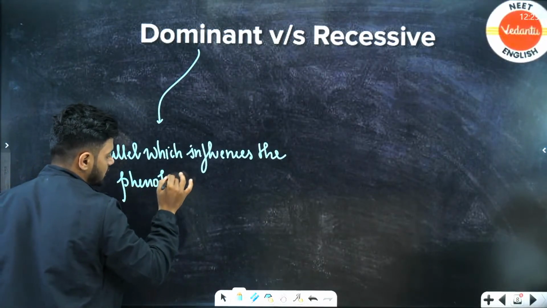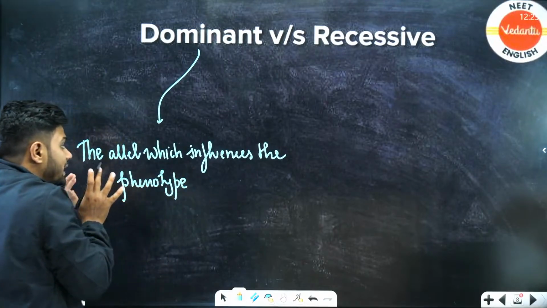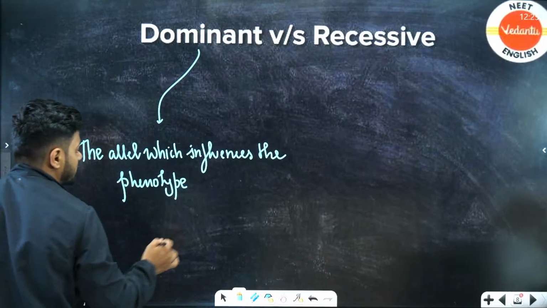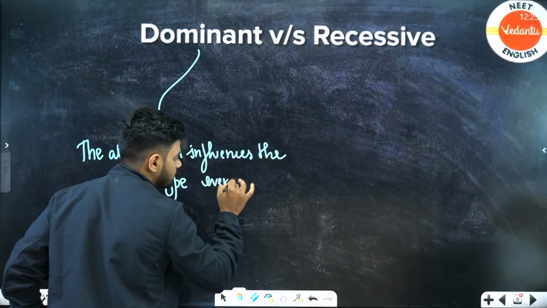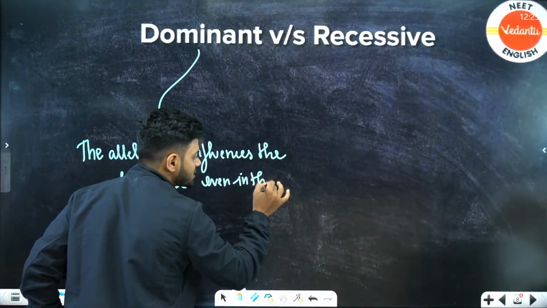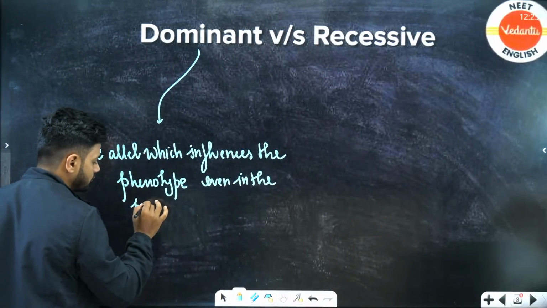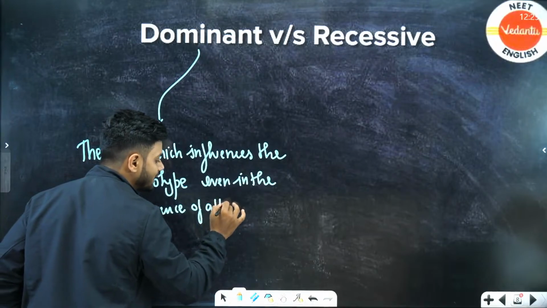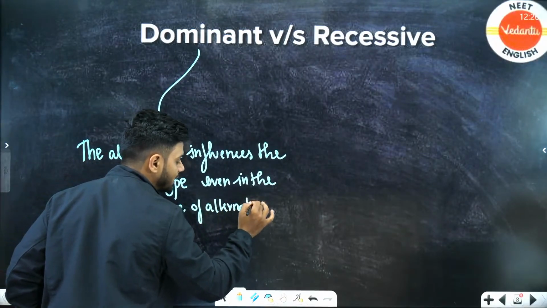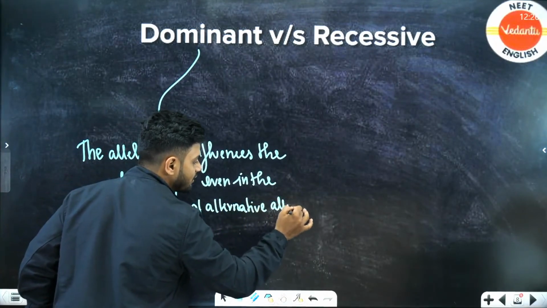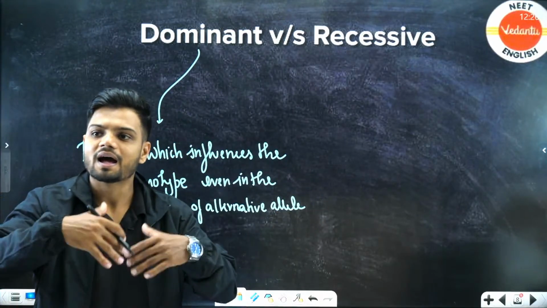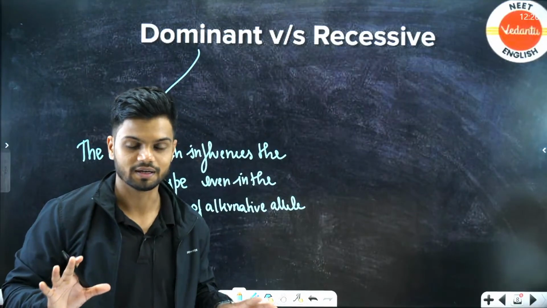Which influences the phenotype, even in the presence of an alternative allele. It can express itself.